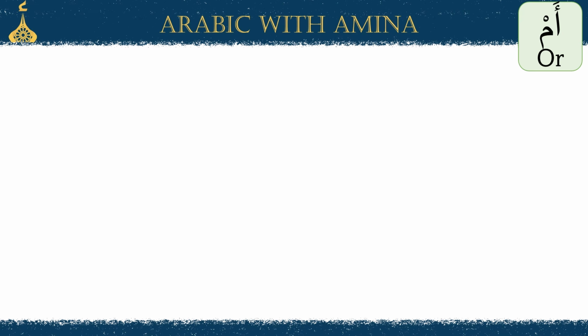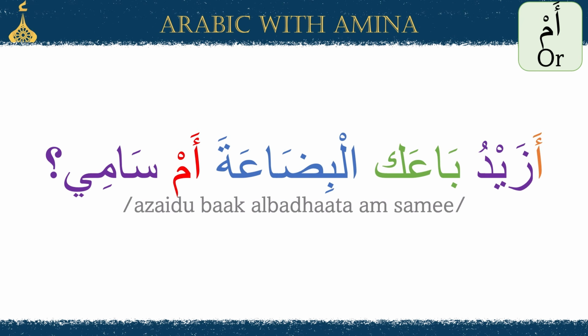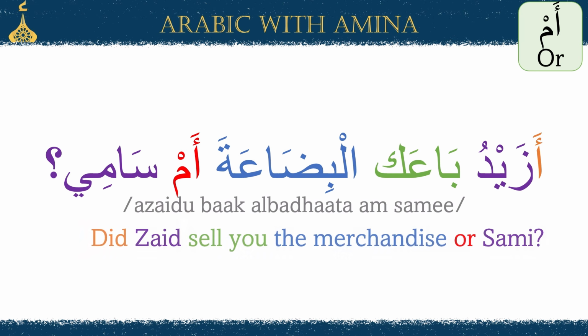So it's similar to أو. The difference is that أم is primarily used in interrogative sentences, meaning it's used in questions to ask which of the options is true. So this is the same example we had with أو, أزيد باعك البضاعة أو سامي, but now we're saying أزيد باعك البضاعة أم سامي, and it carries the same meaning, or.